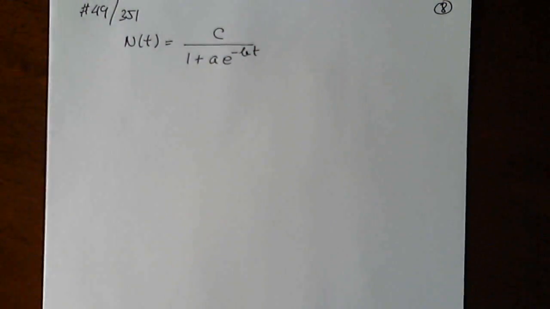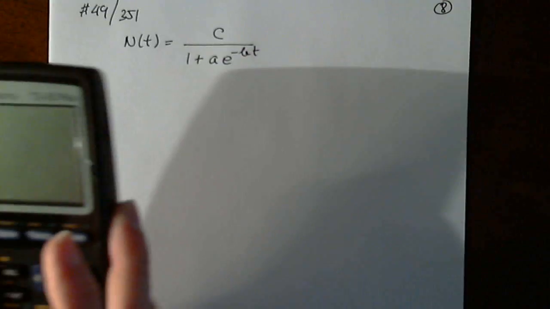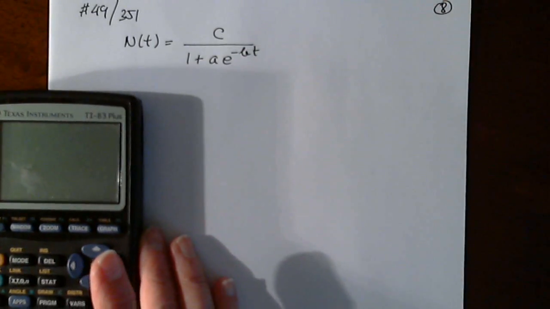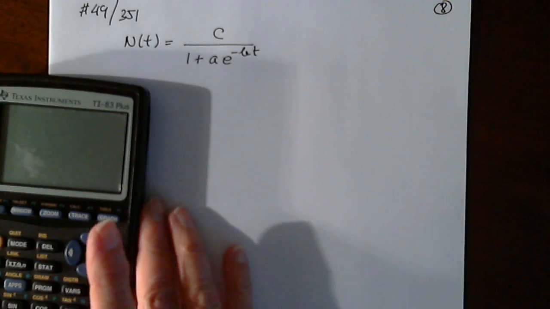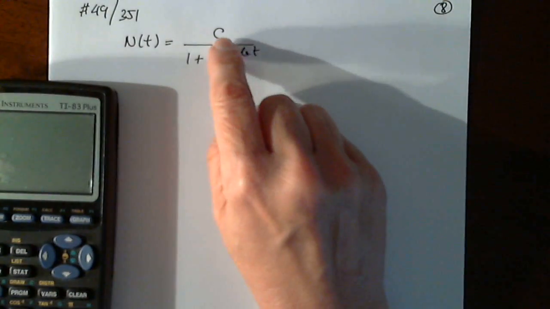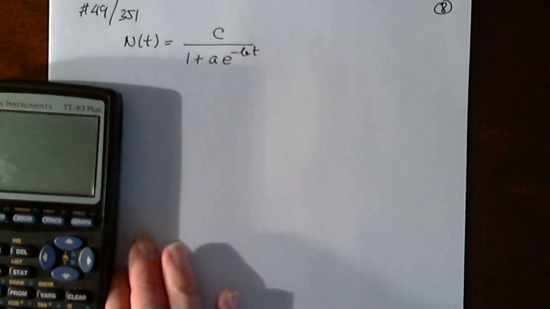Okay, so in part A, we're asked to use regression to fit a logistic equation. So we're asked to find A, B, and C given the information we have in the table. So let's create a table. We go to stats, and we want to edit. If you have anything in those lists, just clear them.